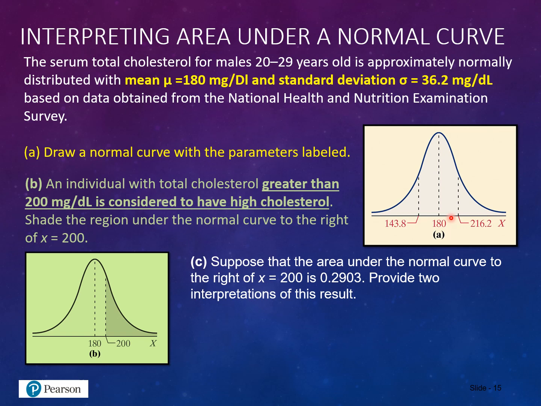And so here is the graph with what we see is 200 and above. So the area under this curve from 200 up would represent the proportion of the population of males 20 to 29 who have high cholesterol, because that's what they're denoting 200 as high cholesterol.